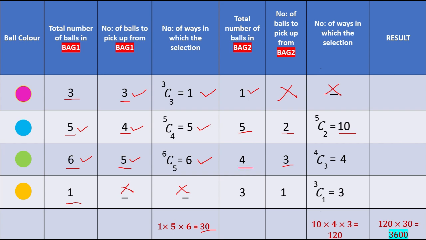And the number of ways in which we can pick up one yellow ball from a total of 3 is 3C1 and the value is 3.